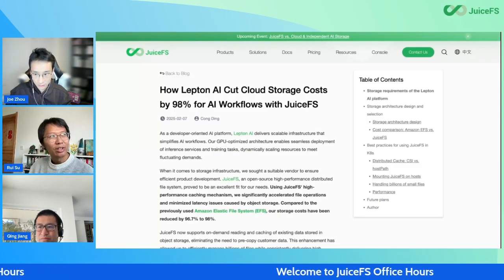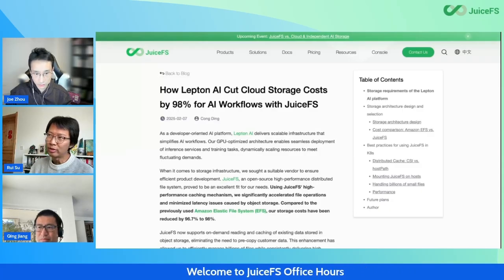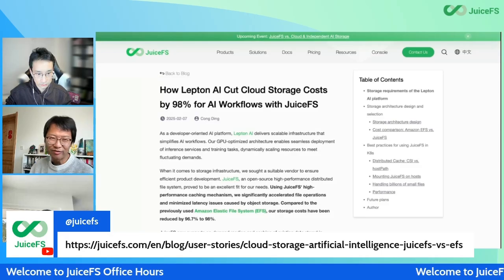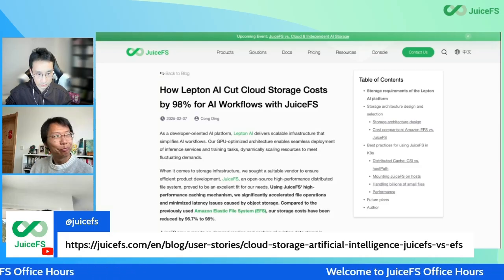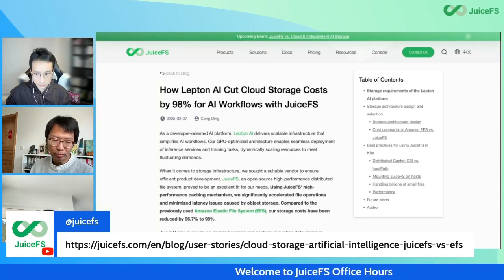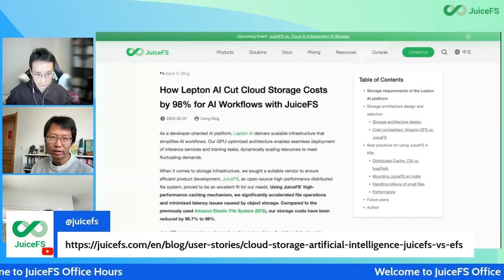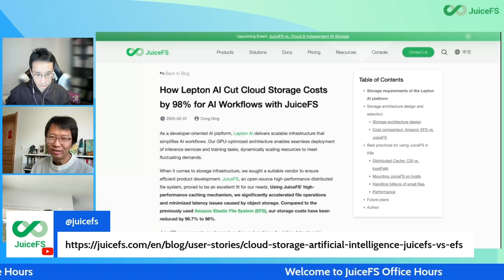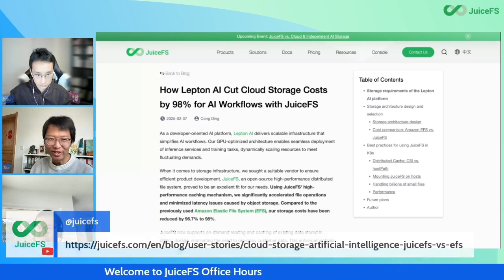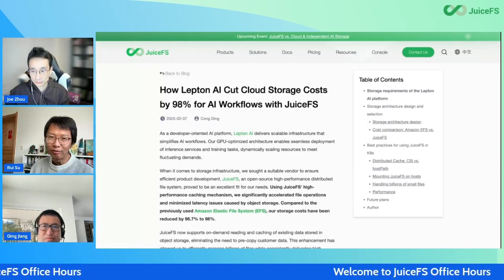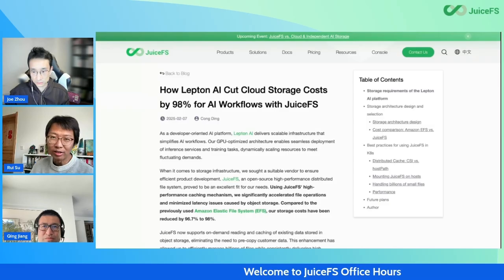Cloudflare R2 has reduced storage fees and no egress fee, and JuiceFS provides a local cache to improve performance, so the total cost was cut down by 98%. Most of it was egress fees. We also have a lot of case studies on our website in the blog, so you can check them out.